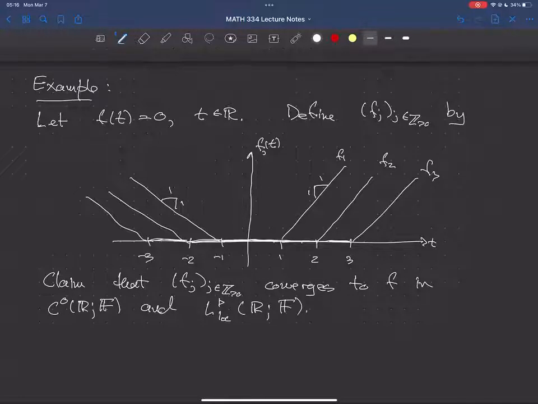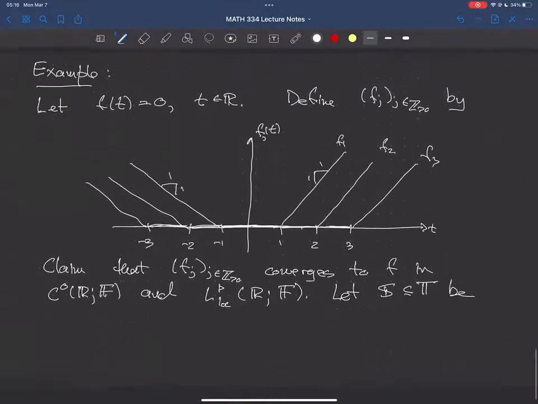All right, so here's how you can prove that. Let S be a compact sub-time interval.